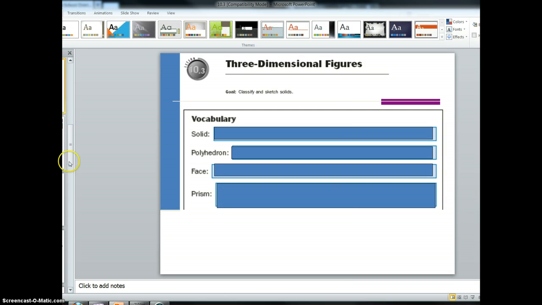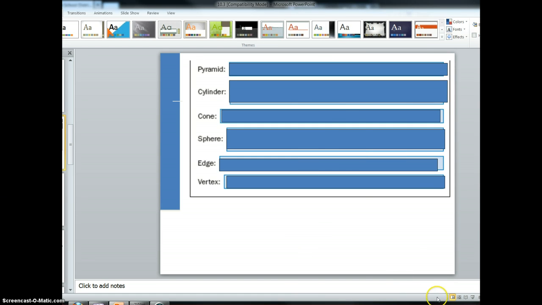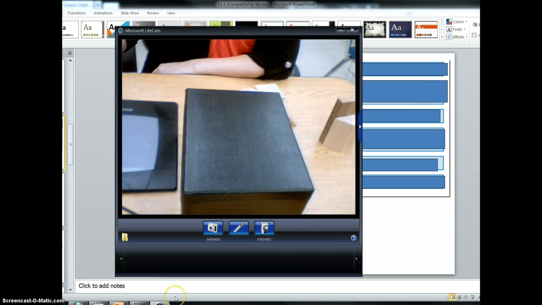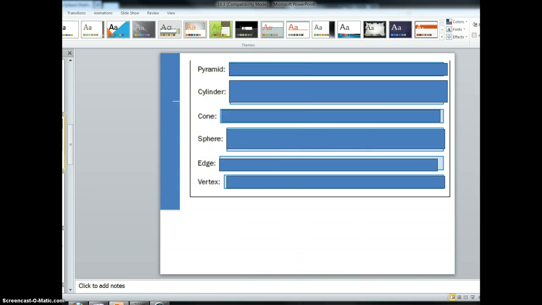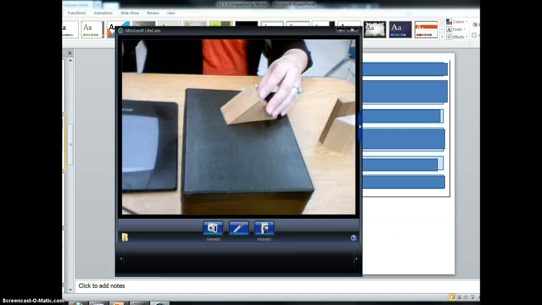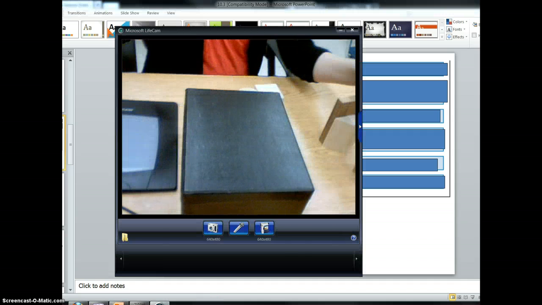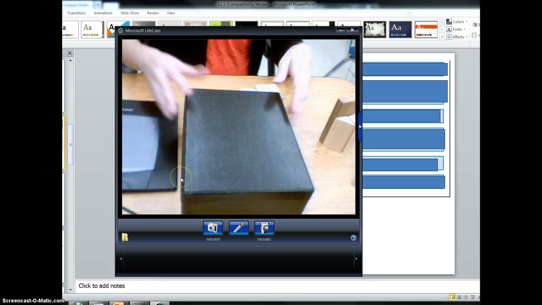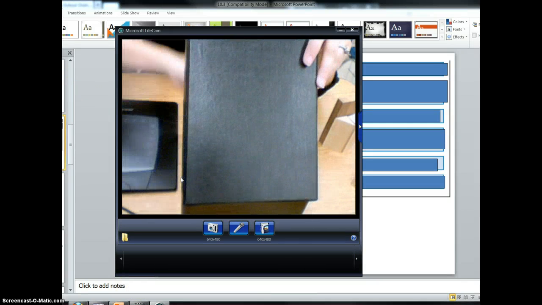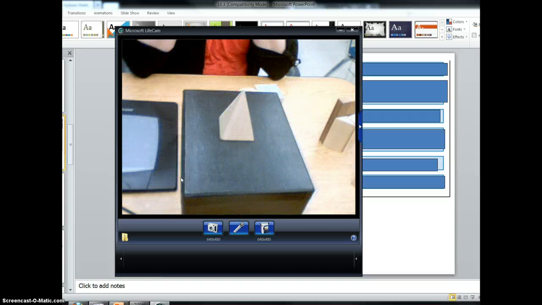We also talked about a pyramid. Pyramids actually look something like this.